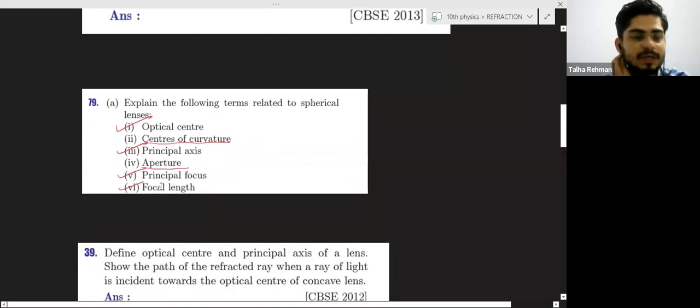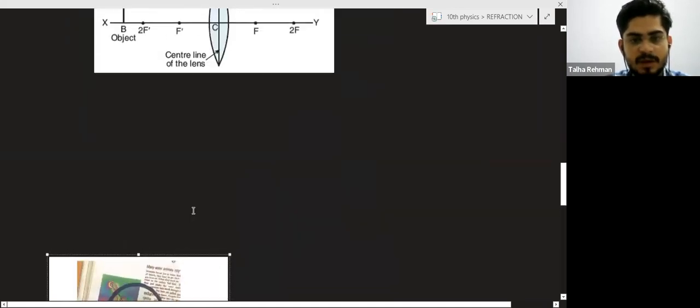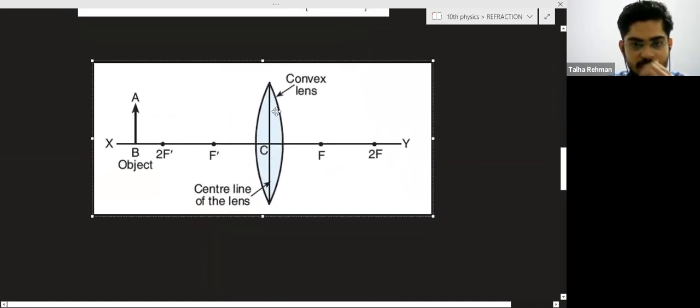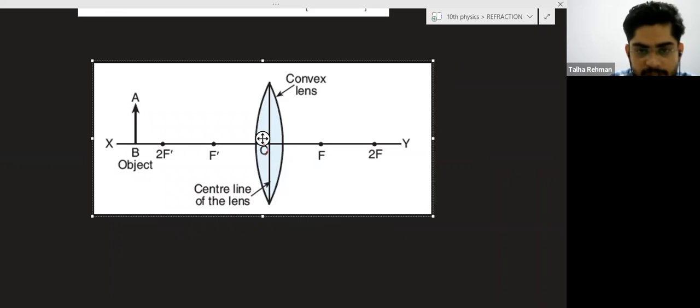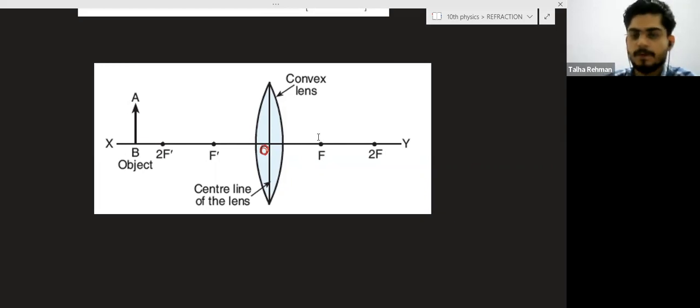So I will tell you the aperture and the center of curvature. Now let's see this. This is the convex lens, and this is the optical center. Suppose this is O. O is the optical center, and this point is the focus, or you can say first focus, or principal focus.